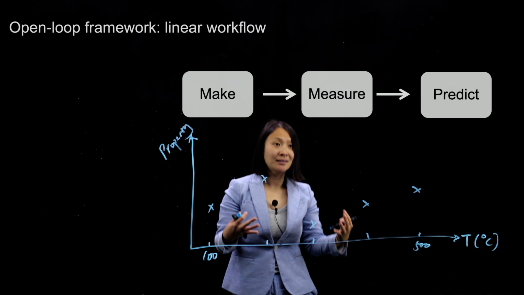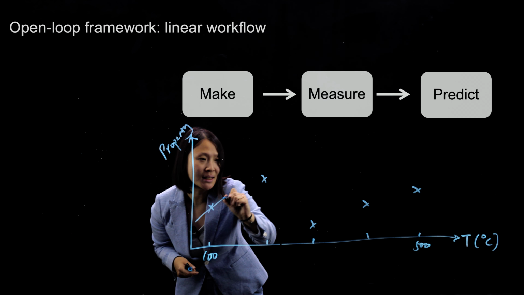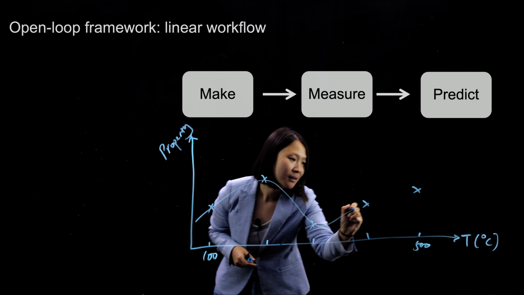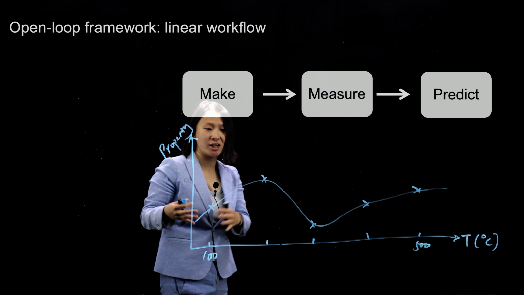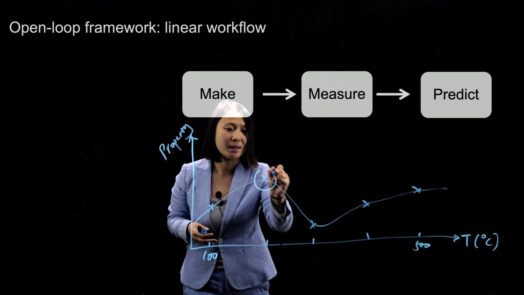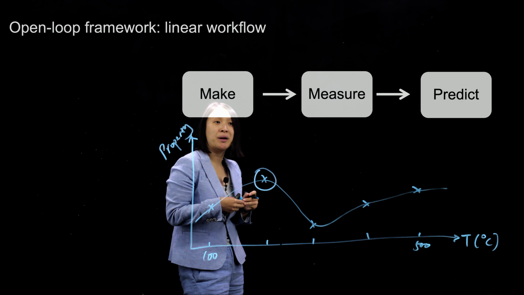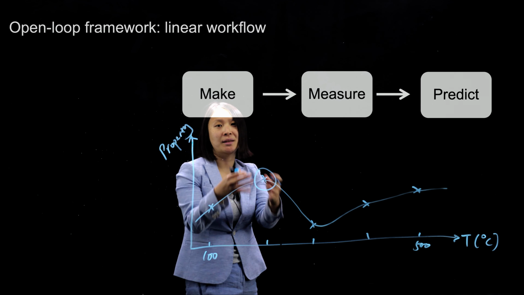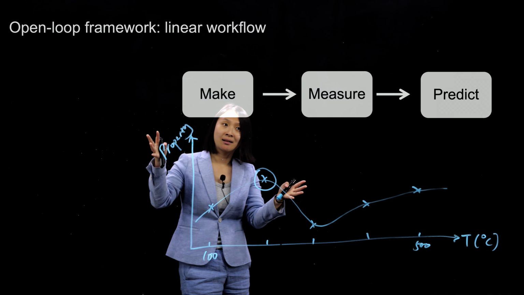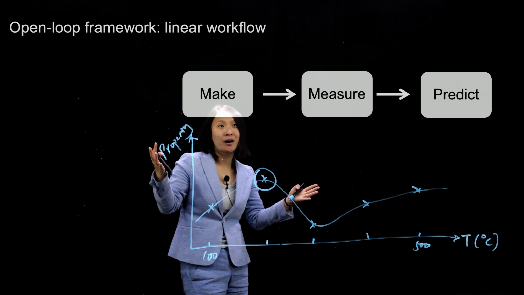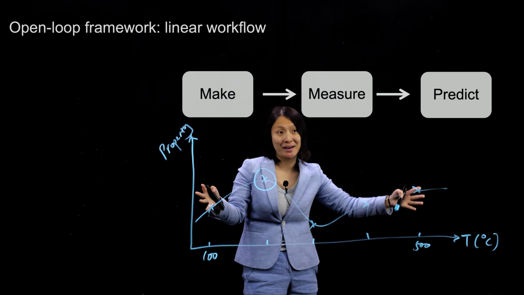And from there, we start to draw some conclusions, saying maybe this is the trend of how the property changes as a function of temperature. And we say, well, if we want to maximize this property of interest, these are some of the temperature candidates we can try out. So this exemplifies an open loop framework, a linear workflow for optimization.